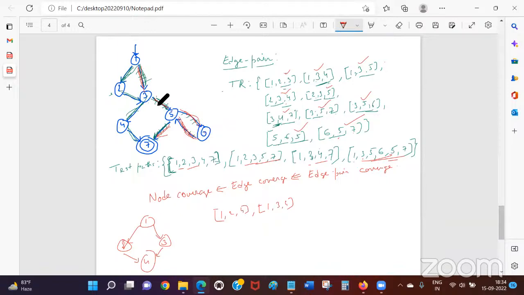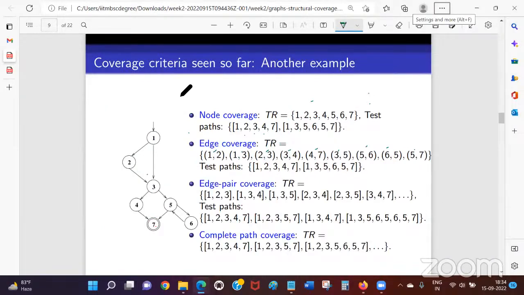Again you can have 1 3 5 6 5 6 5 6 5 7, repeating three times. I can repeat it n number of times and generate n number of paths, so there is no limit. So if I don't have a loop, complete path coverage makes sense. Otherwise, complete path coverage is not feasible. That's why we go for a different kind of coverage, called prime path coverage.